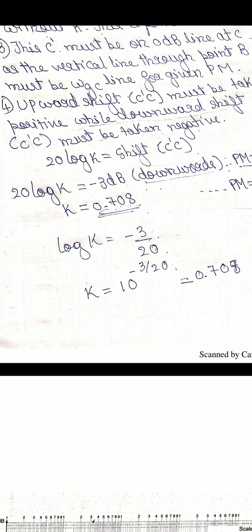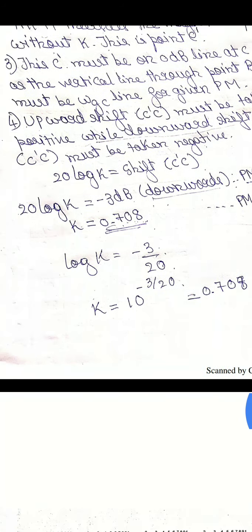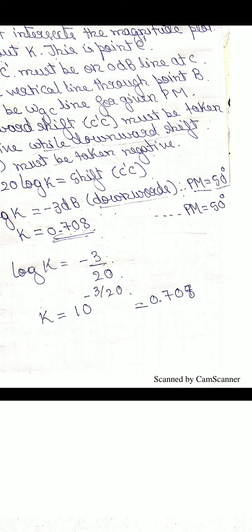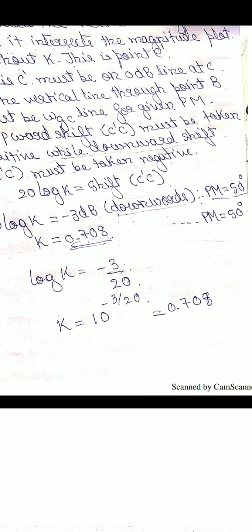Next, the distance: an upward shift C must be taken positive while a downward shift must be taken negative. 20 log k is equal to minus 3 dB, they have given. Sorry, minus 3 dB because downwards means you will get the 3 dB. K is equal to 0.708.